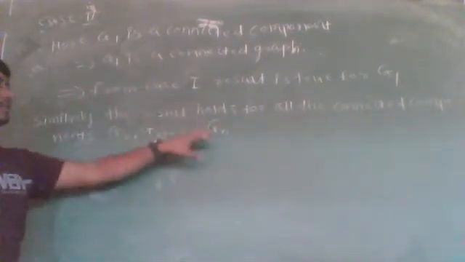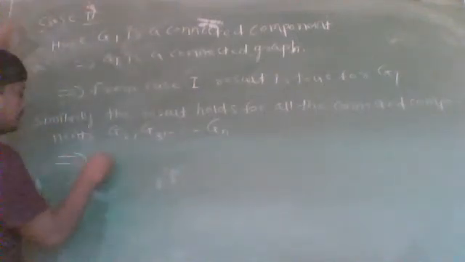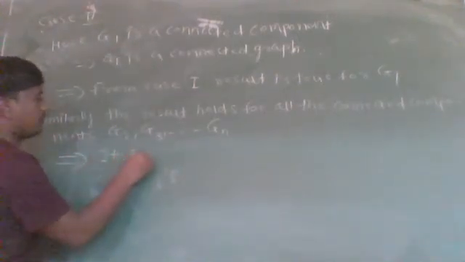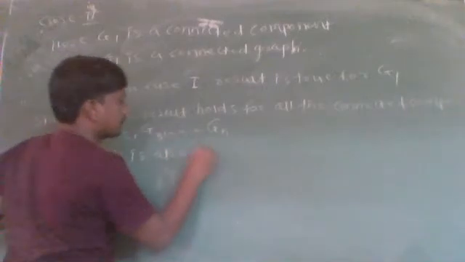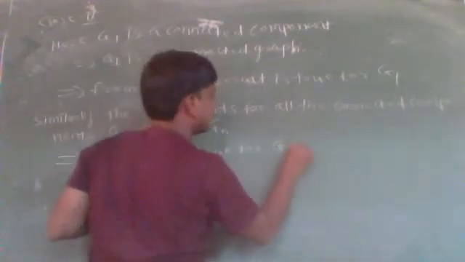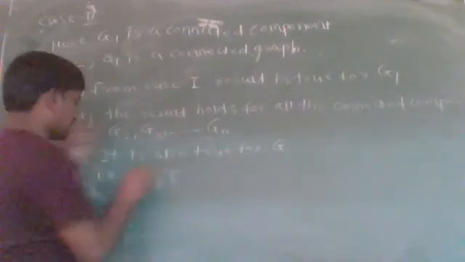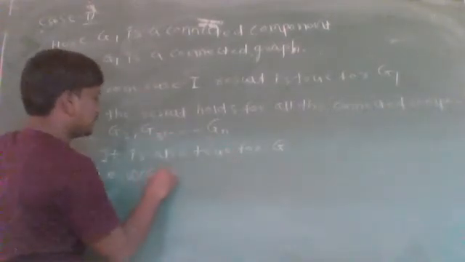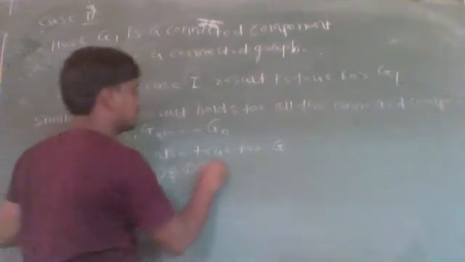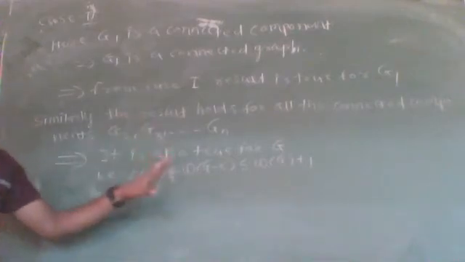As the result holds for all the connected components of graph G, the result must be true for graph G. That is, if G is a disconnected graph, then components of G is less than or equal to component of G minus E, which is less than or equal to component of G plus 1. Thus, the result also holds for a disconnected graph.